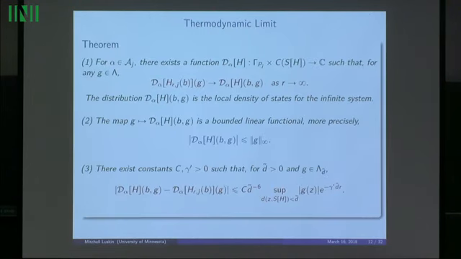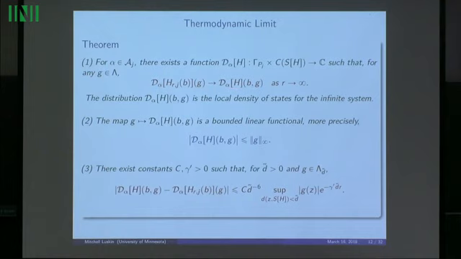Okay, let me start in on some of our results, and I'll give a very simplistic kind of proof of this. What I claim is that the local density of states, if I take a ball of radius r and cut off the Hamiltonian with it, converges exponentially.